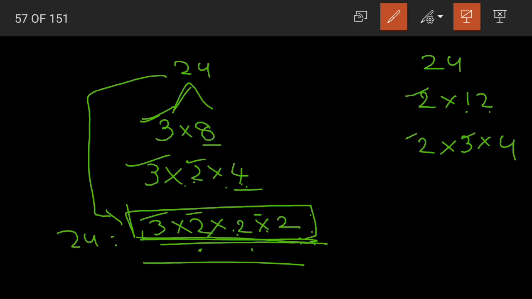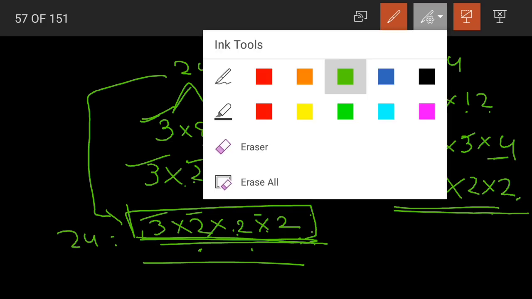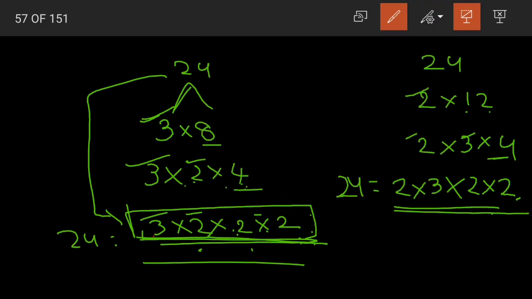Again, 2 and 3 are both prime numbers. Now 4 can be split as 2 into 2. So now all are prime numbers, which means we have come to the end of the prime factorization. Again 24 is equal to 3 into 2 into 2 into 2. Understood?